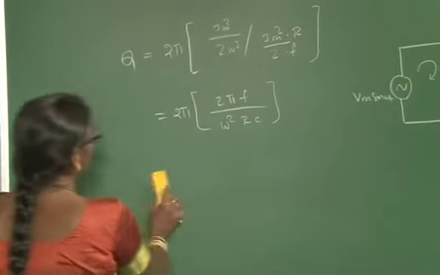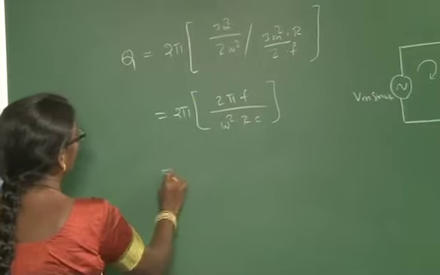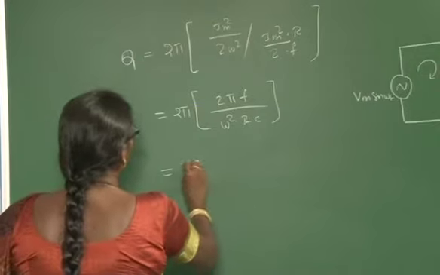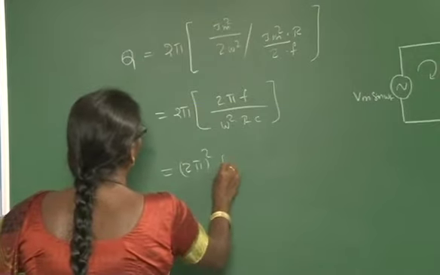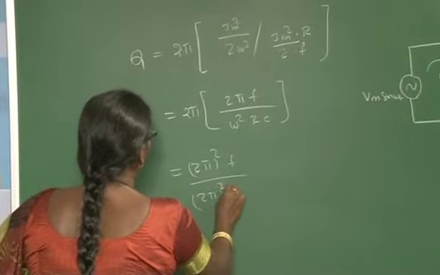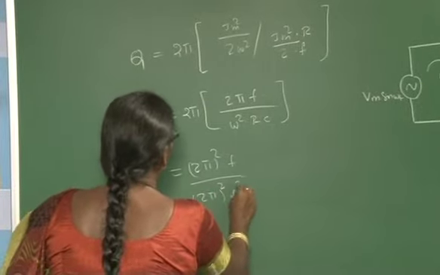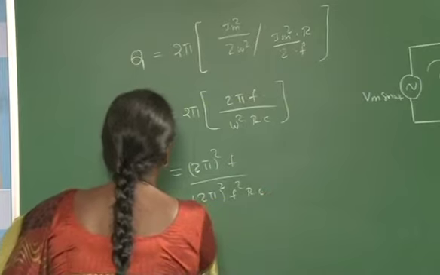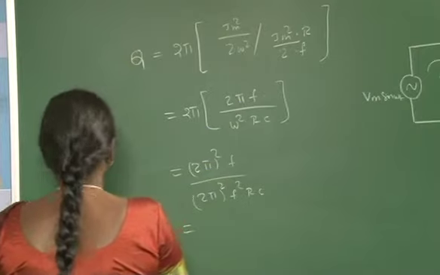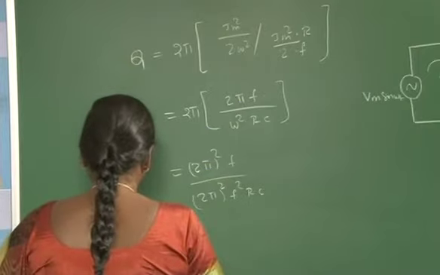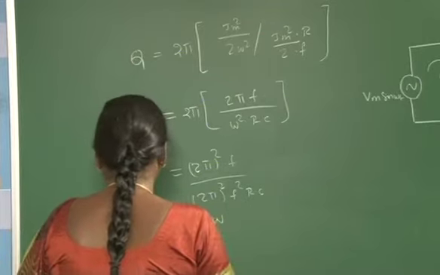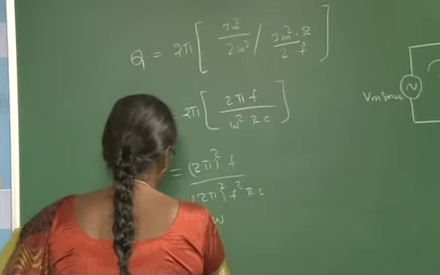Here on substitution and simplification you get the expression for the quality factor, which can be given as 2 pi f by omega square RC.